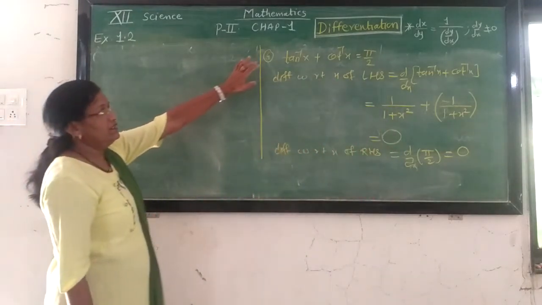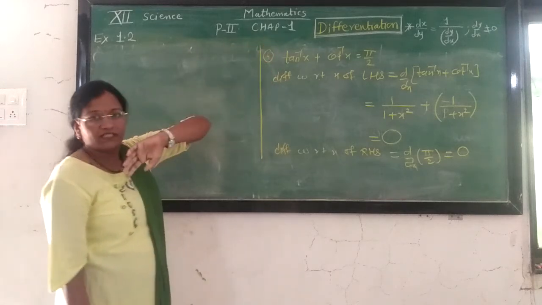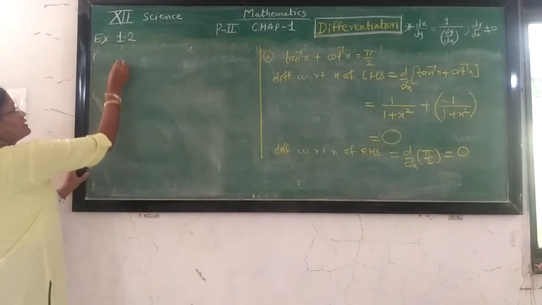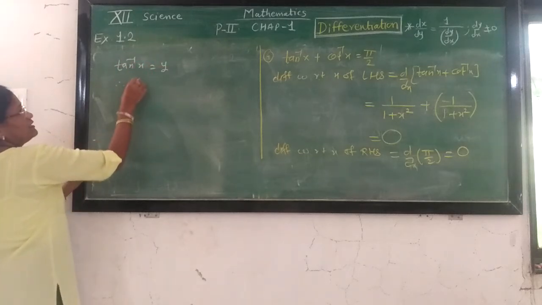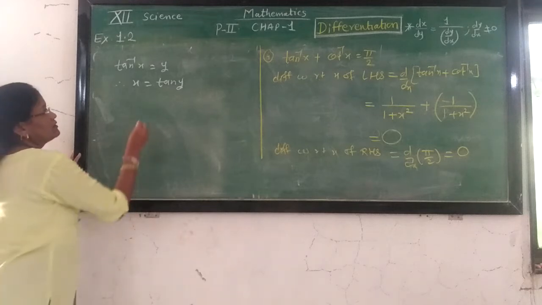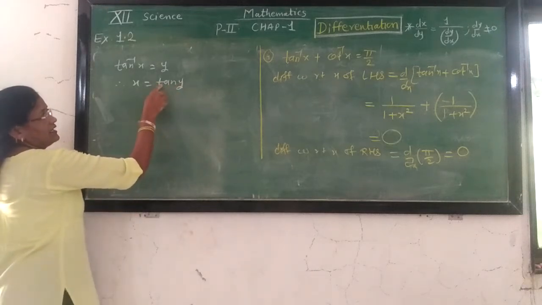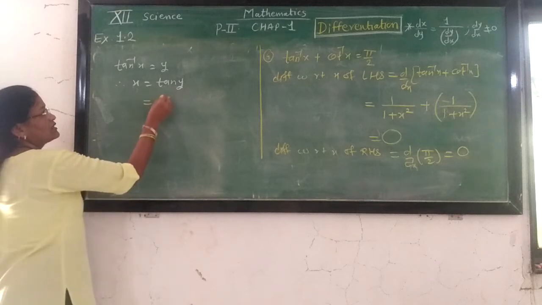This is the identity for inverse trigonometric function: tan inverse x plus cot inverse x is equal to pi by 2. What do we get for this? We take tan inverse x is equal to y. Then x is equal to tan y, which can be converted into cot. How do we convert this?